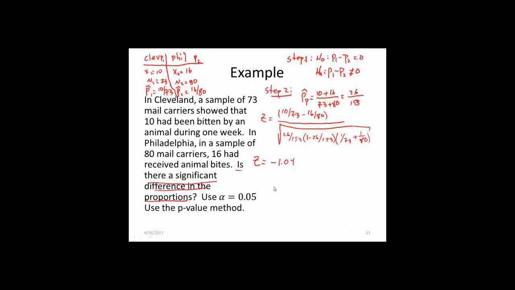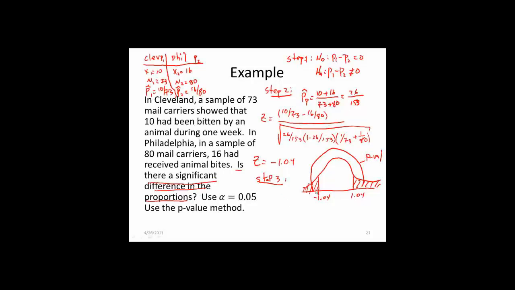So now what we'd like to do is to compute the p-value. So step 3. If I draw my standard normal distribution, since we have a two-tailed test, remember we have to take this test statistic right here, negative 1.04, so it's going to be this lower region, and also at 1.04. Remember that these combined areas are our p-value.